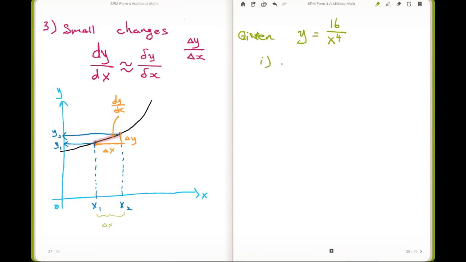First part, find the value of dy over dx when x is equal to 2. That's the gradient at 2.